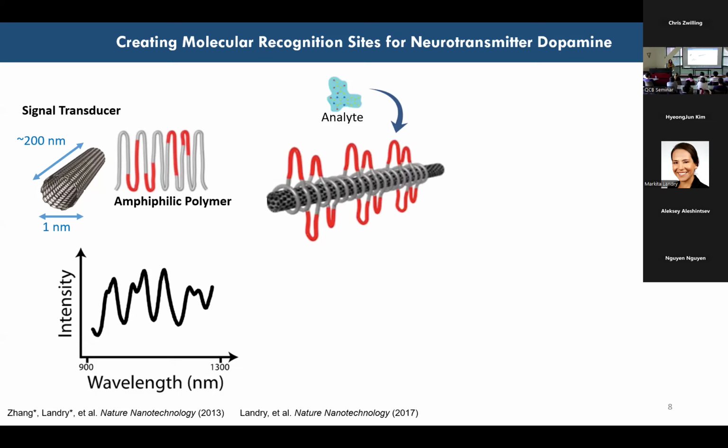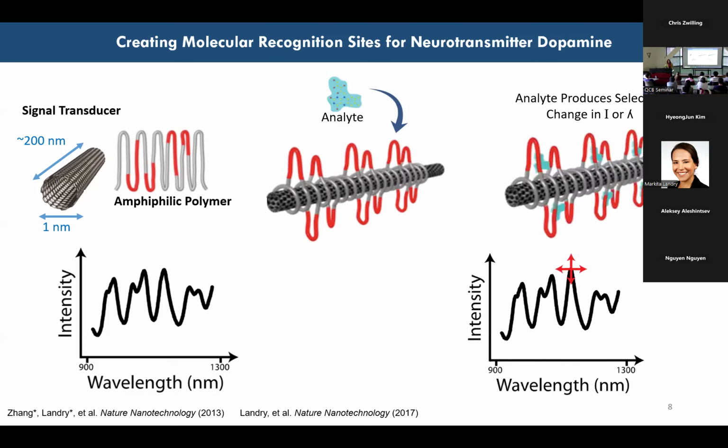So this material is very dark in this state here. And then we make this polymer perturbable only by a specific analyte, like dopamine or serotonin or oxytocin. So the analyte perturbs that polymer, that dielectric environment, causes a change in exciton recombination, at least the frequency of photon generation, causing an increase in the fluorescence.